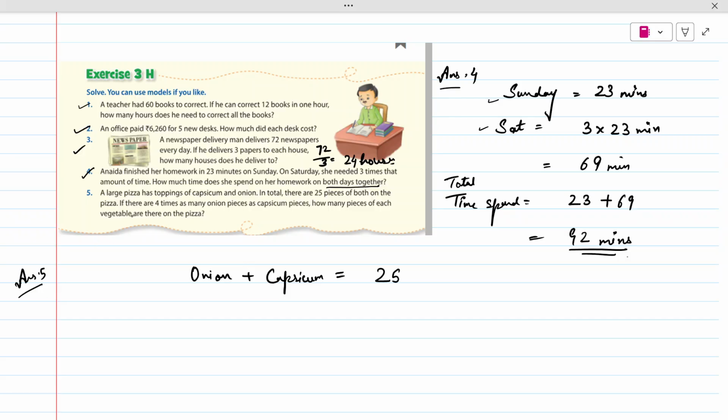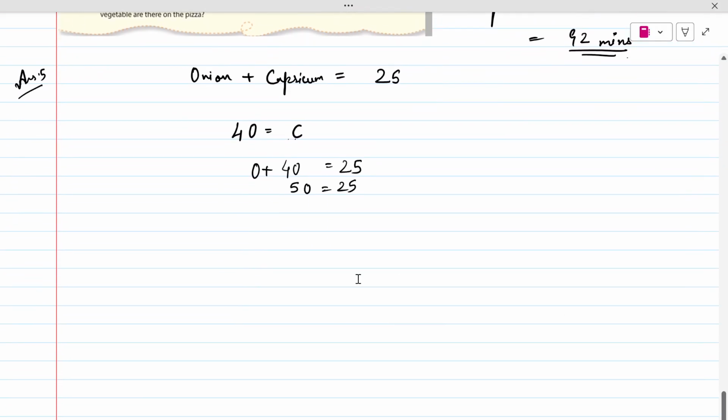See, what is given to us is there are 4 times onion pieces as capsicum pieces. So I can write onion plus capsicum as 4 capsicum plus 1 capsicum, which is equal to 25. 5 times capsicum is 25 here, and now capsicum is equal to 25 by 5, that is equal to 5.